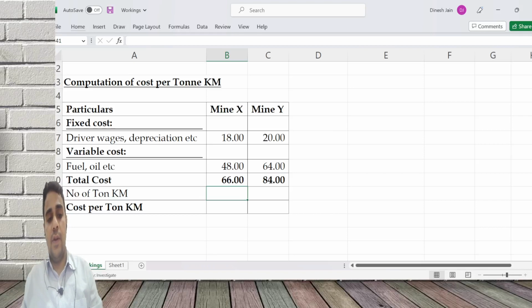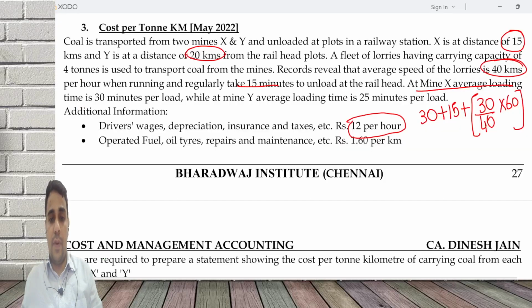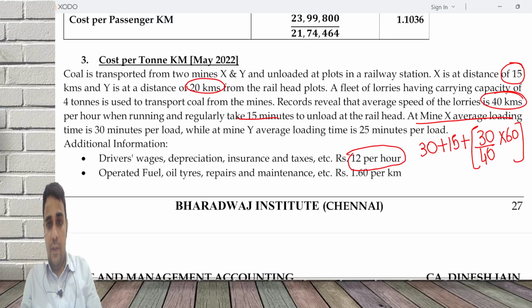Total cost, number of ton kilometers. Number of ton kilometers is distance into tons carried. So when you start from mine X, you carry 15 kilometers into 4 tons.